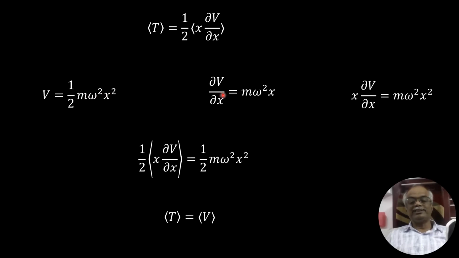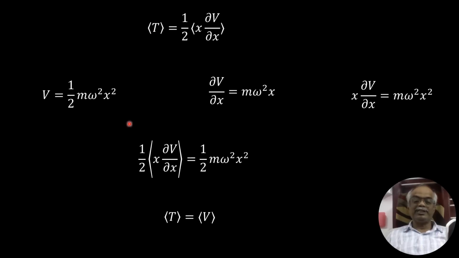If you differentiate this with respect to x, then this x squared will become 2x, 2 will get cancelled. You will simply get m omega squared x. If you multiply by x both sides, you will get x ∂V/∂x is equal to m omega squared x squared. Now you use this here.